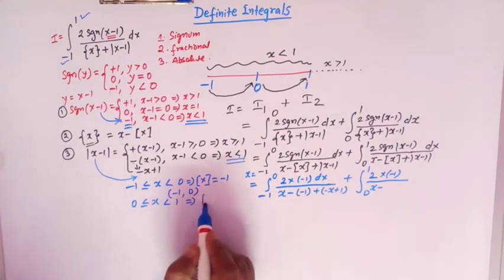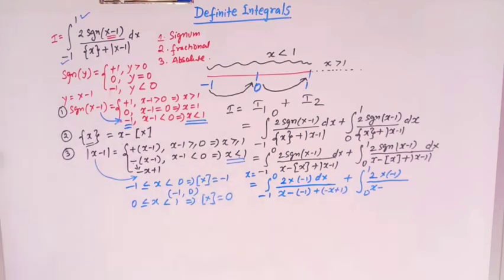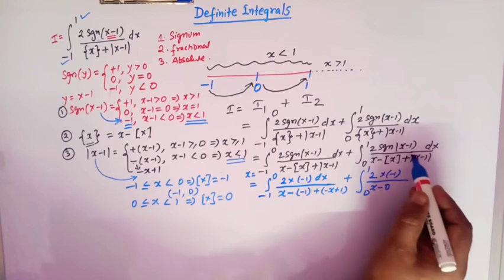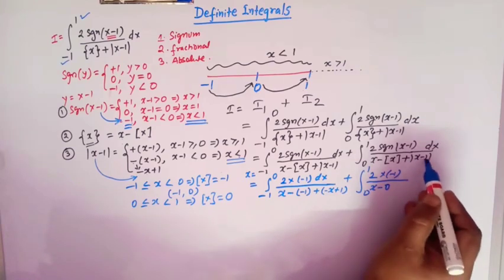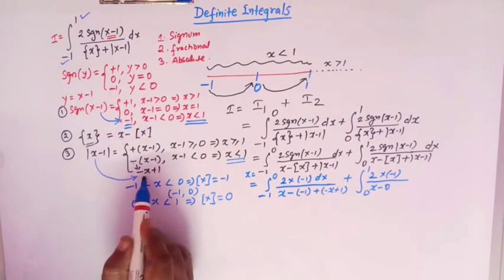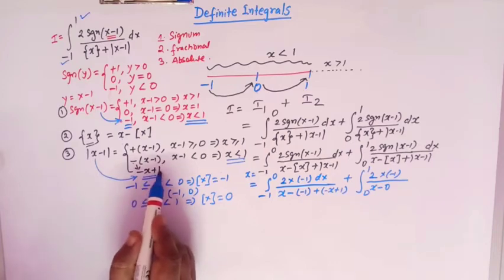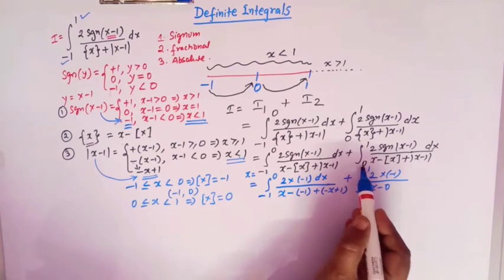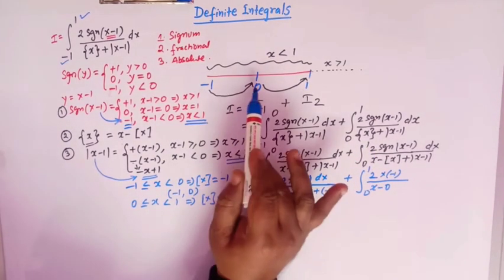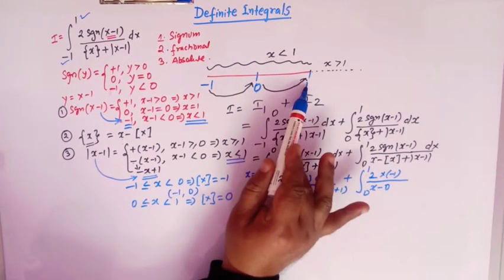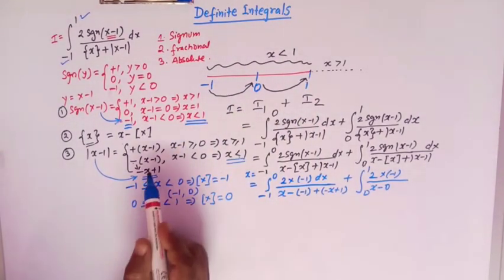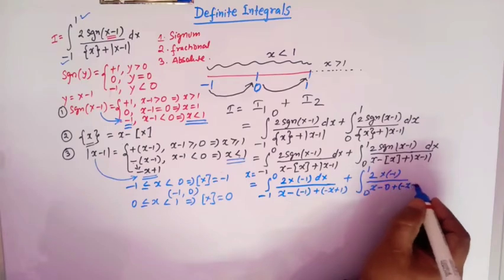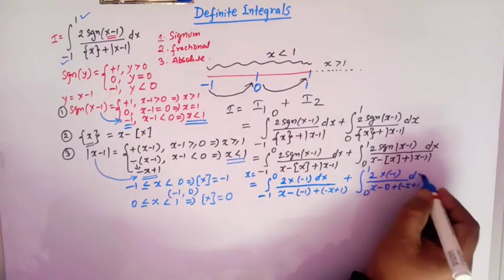So the value of greatest integer x is equal to 0, right? So here we have 0, and for absolute value of x minus 1, again we have to use minus x plus 1, because x lies between 0 and 1, and when x lies between 0 and 1, x is less than 1. So here we have minus x plus 1, right?